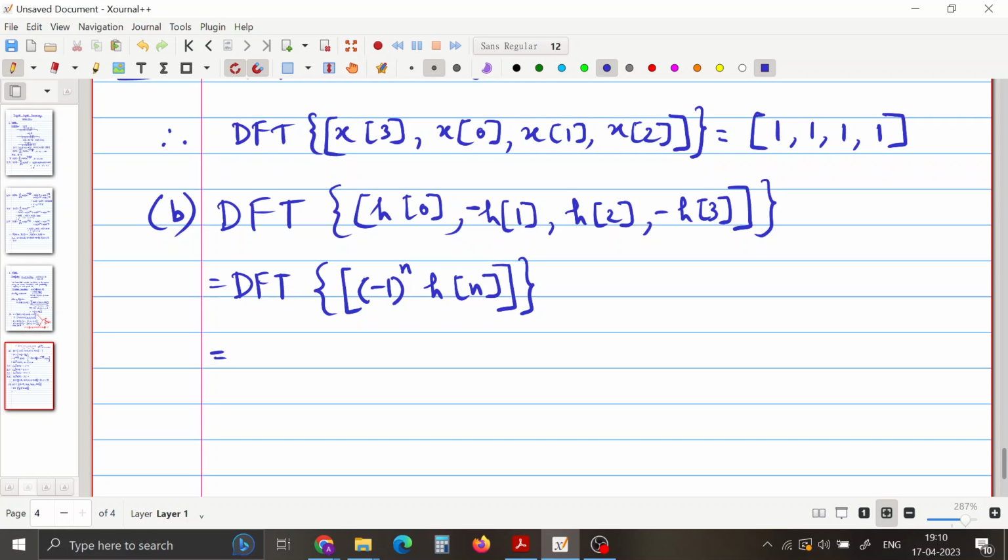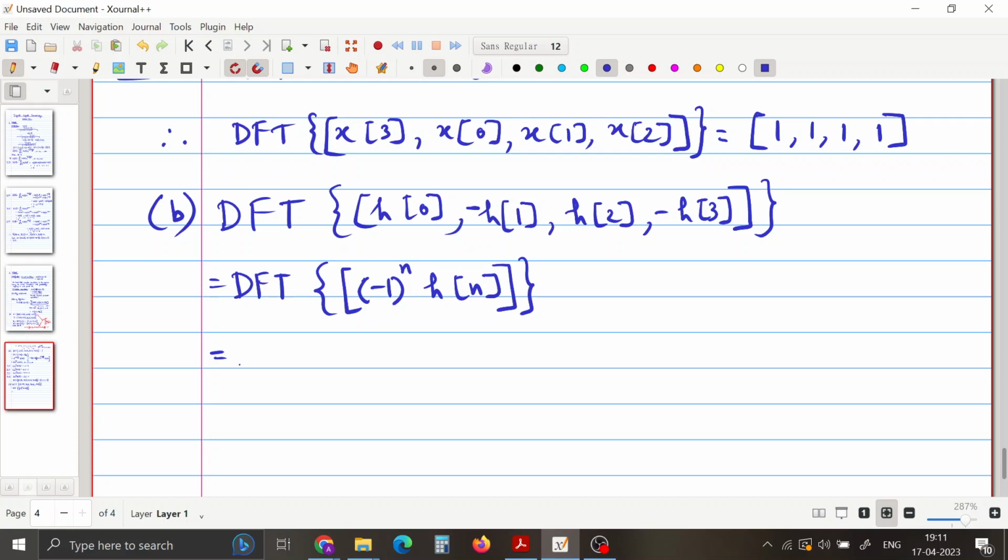At least it is not directly visible at this stage yet. So the idea I mentioned is to express it in terms of a complex exponential instead of minus 1 to the power n. Actually there is a complex exponential hidden in this minus 1 to the power n also.